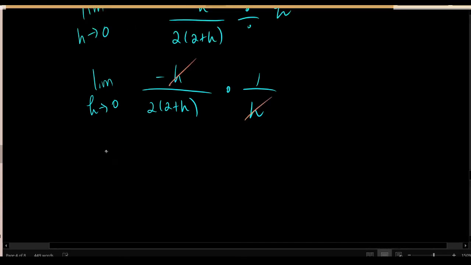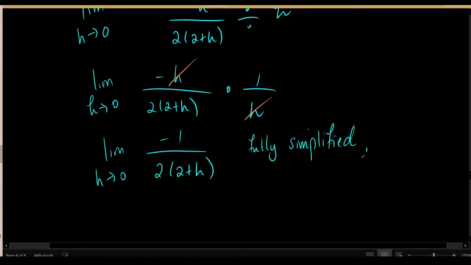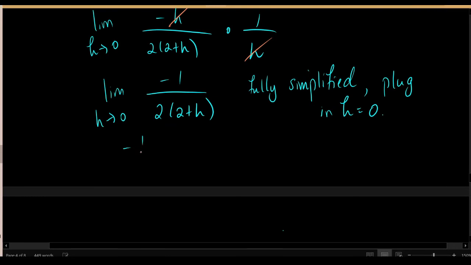So now I have the limit as h approaches 0 of the fully simplified rational function, negative 1 over 2 times 2 plus h. Once you've fully simplified your rational function, you can find the limit by plugging in the value of h. We have negative 1 over 2 times just 2 now, and we have negative 1 over 4.